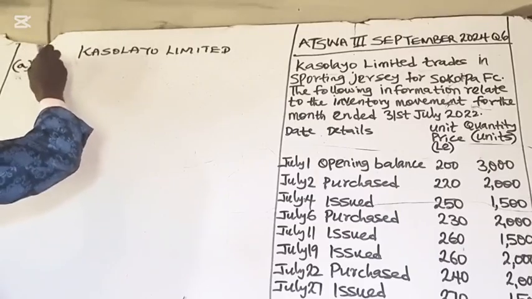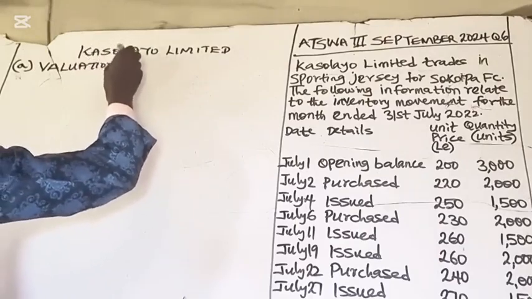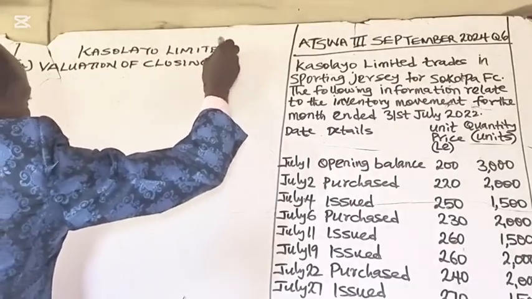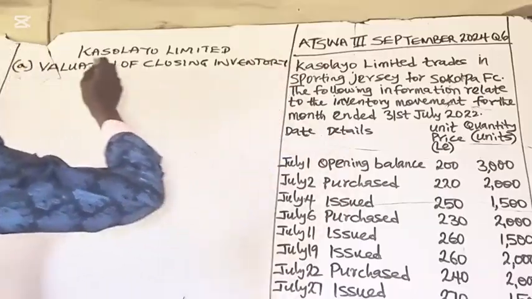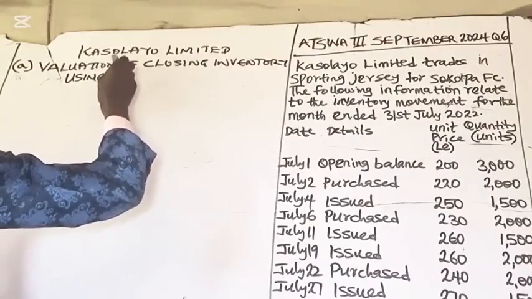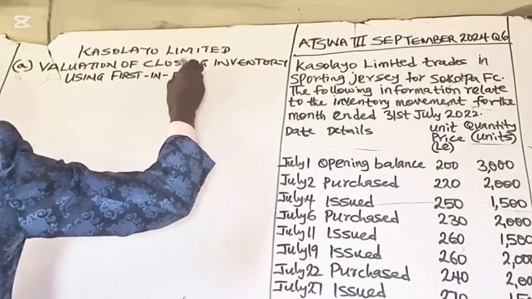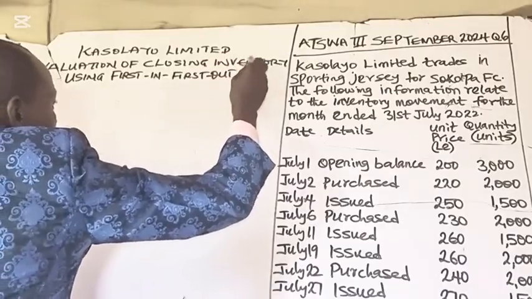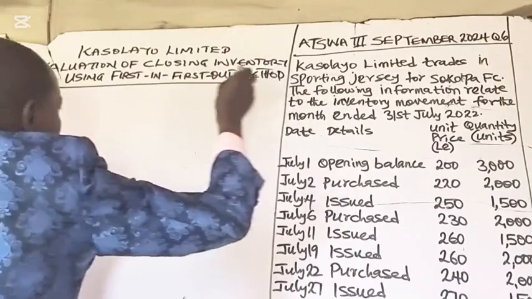Valuation of closing inventory using first in, first out method. You want to value the closing inventory using FIFO method.